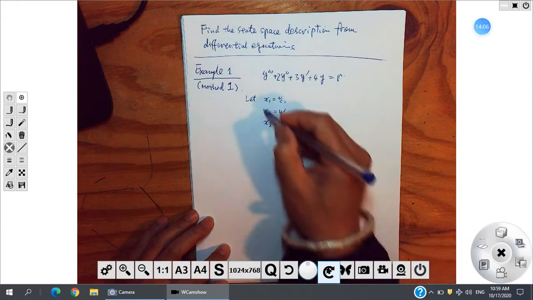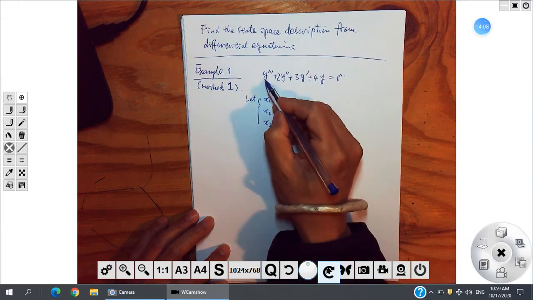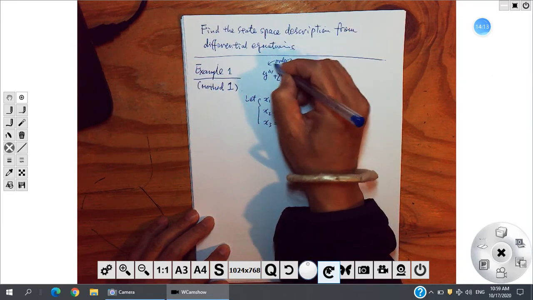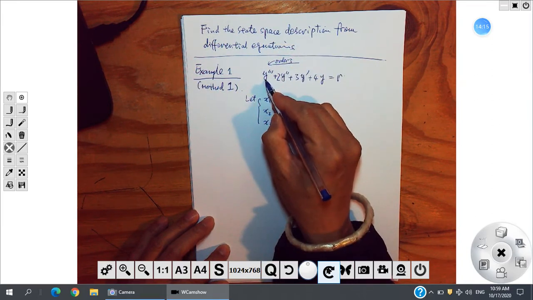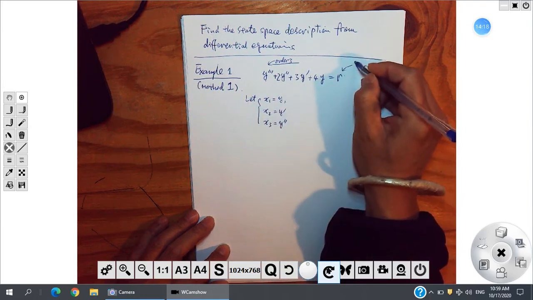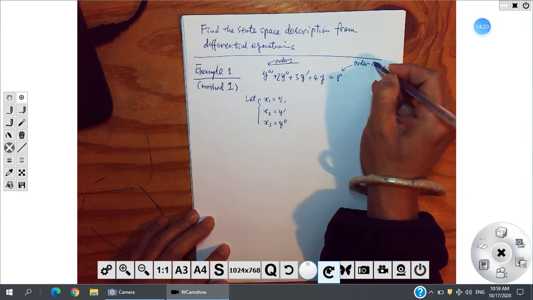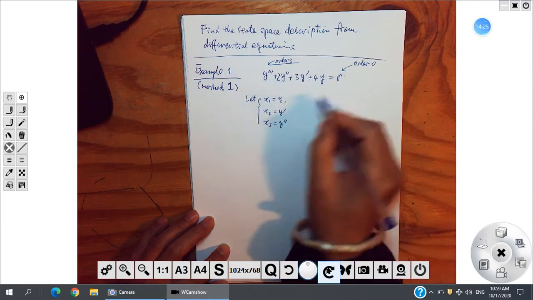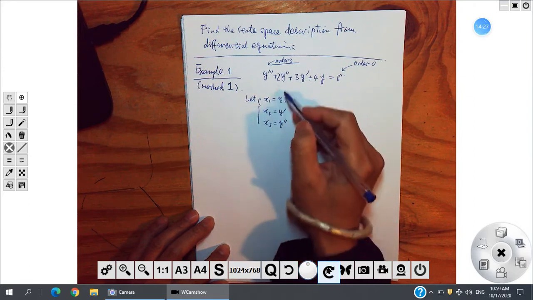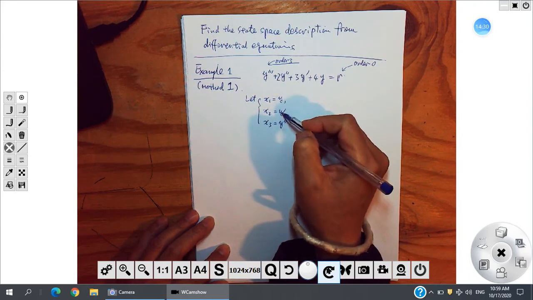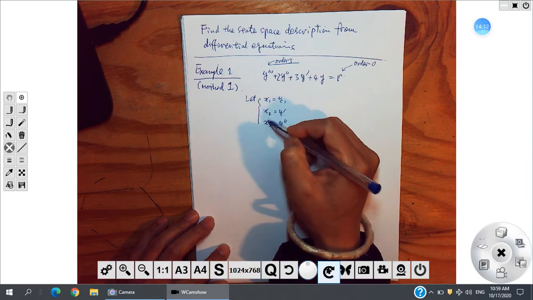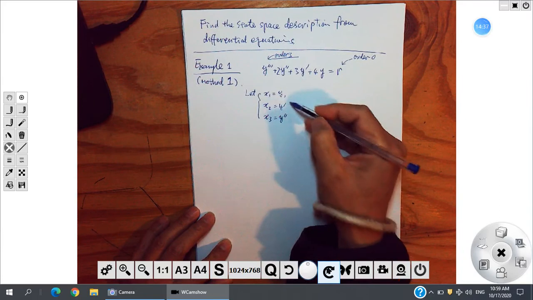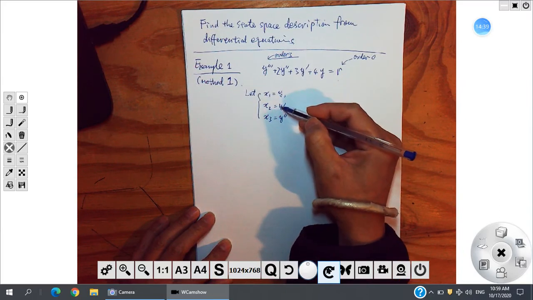We need 3, because here the order is 3, the highest derivative of the output is order 3, and this side is order 0, no derivative. For this kind of system, we can just let y and its derivatives be the state variables. We do not need the highest order. We need y itself, with 1 derivative, 2 derivatives.